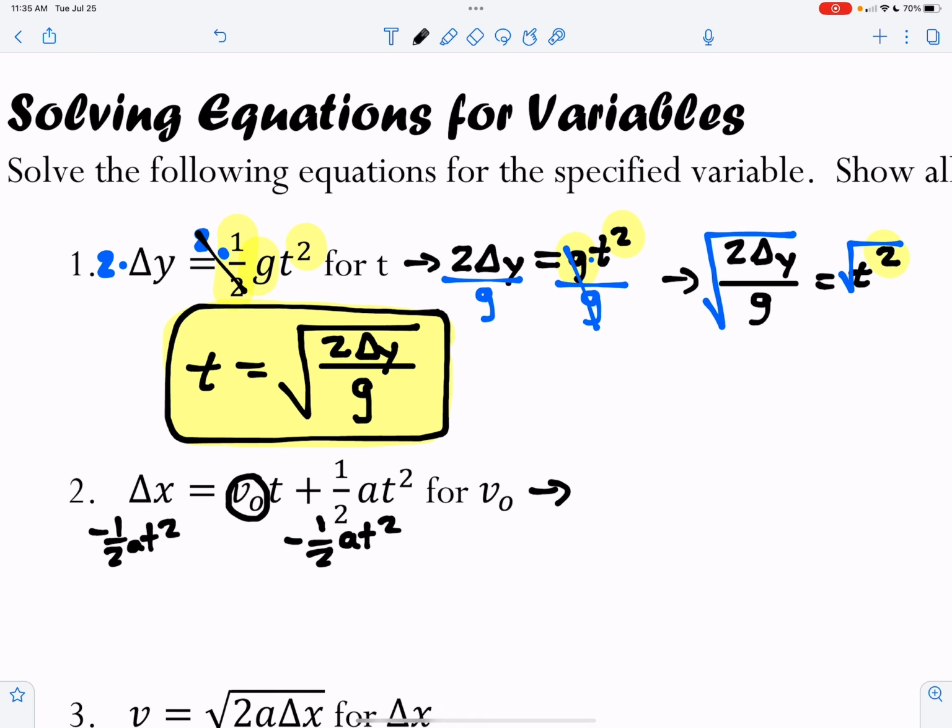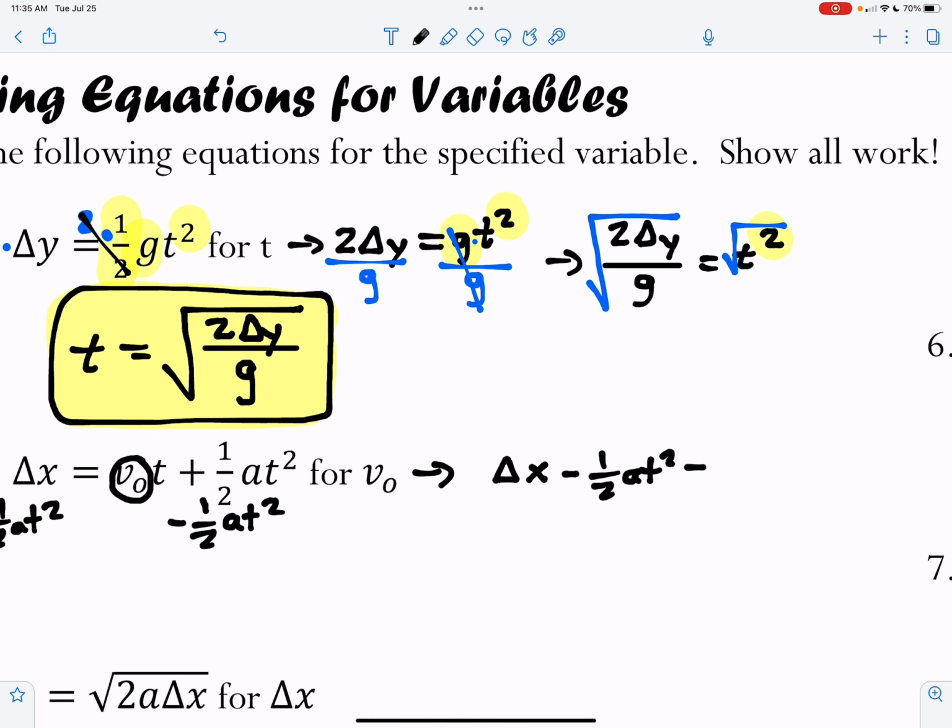If I rewrite this, I get delta x minus 1/2 a t squared equals, well, what's left over? v naught times t.